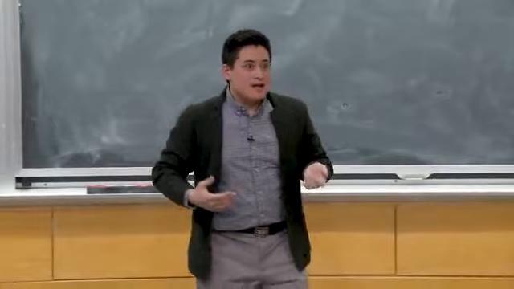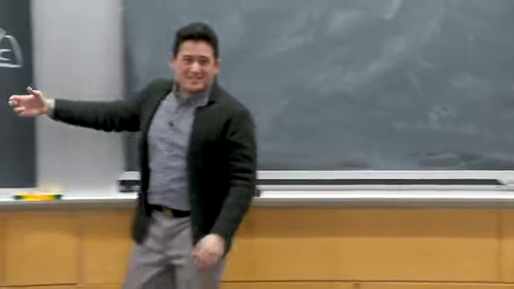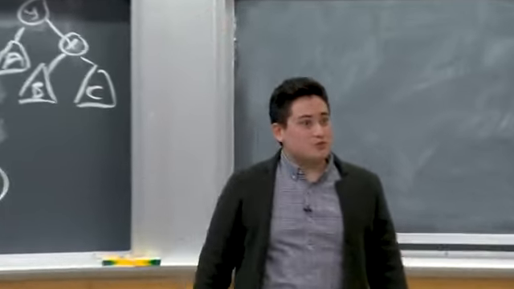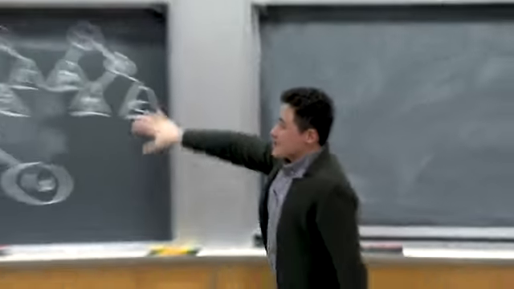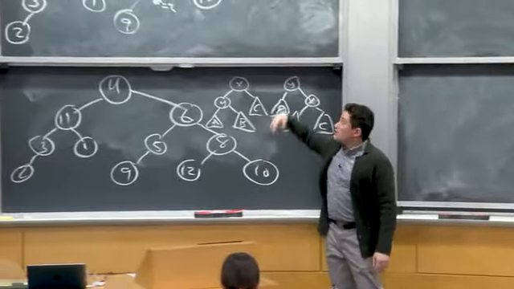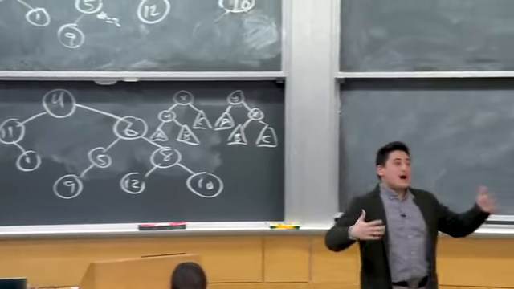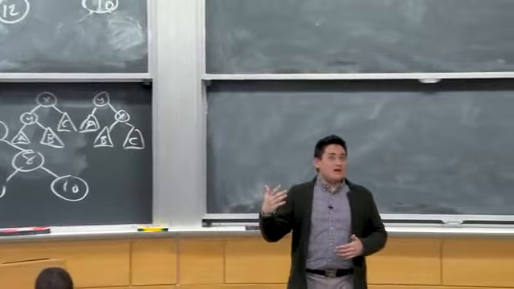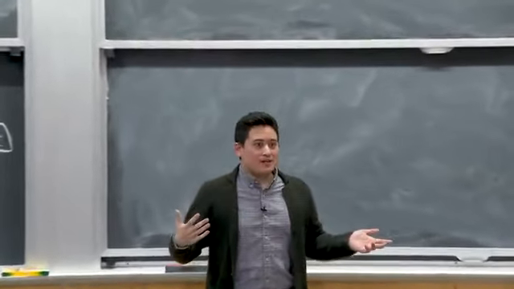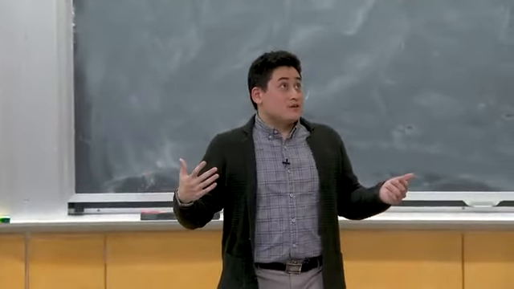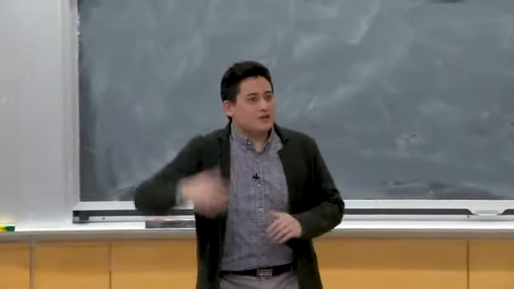Does that make sense? Now, in actuality, you can prove that in a delete operation, it's possible that you have to do a logarithmic number of these rotations up the tree. This was that bad case. The original tree I gave you is called a Fibonacci tree. It's the highest height balanced tree you can have on a given number of nodes, or the fewest nodes for a certain height.